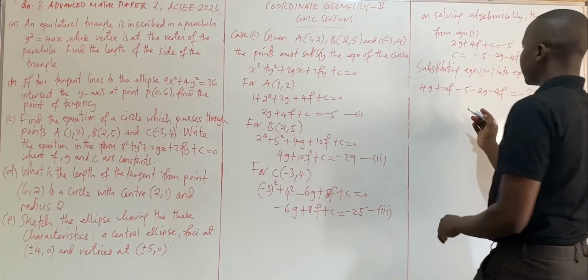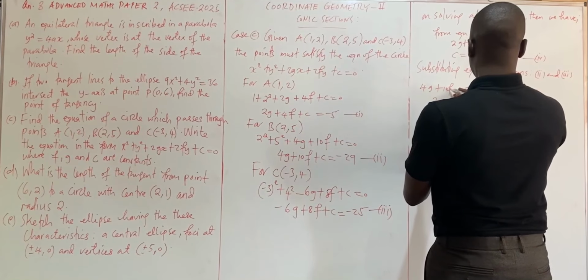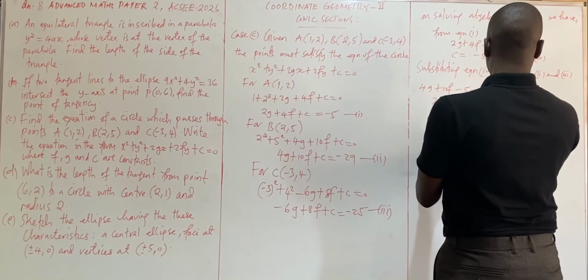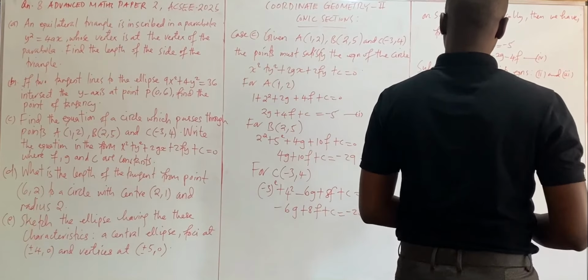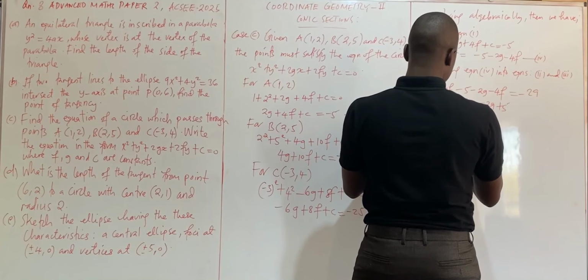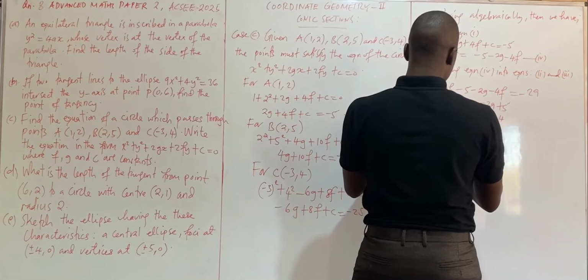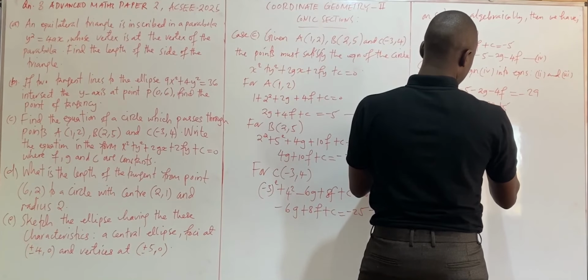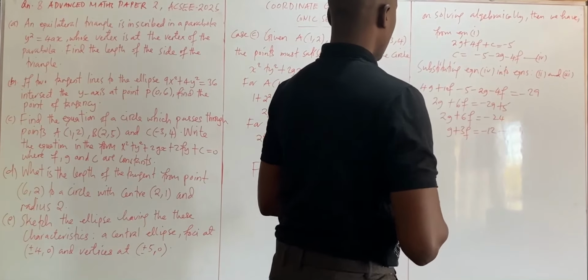On operating the like terms, 4g minus 2g we get 2g, 10f minus 4f we get positive 6f, equals -29. Then we add 5, because -5 is the only constant here. So 2g plus 6f equals -24. On dividing by 2 at every term, we end up getting g plus 3f equals -12. So that will be equation 1.